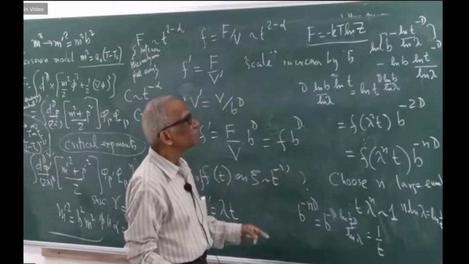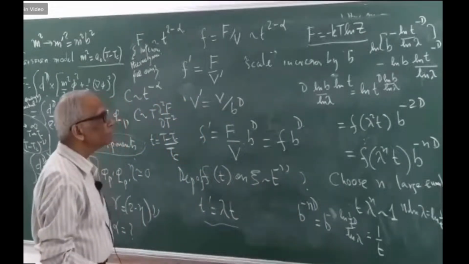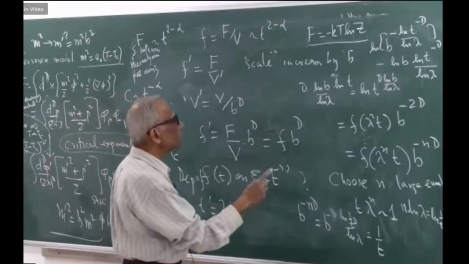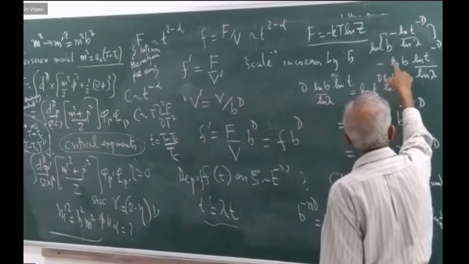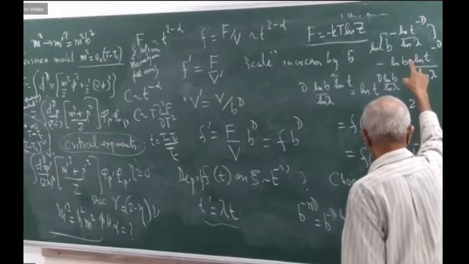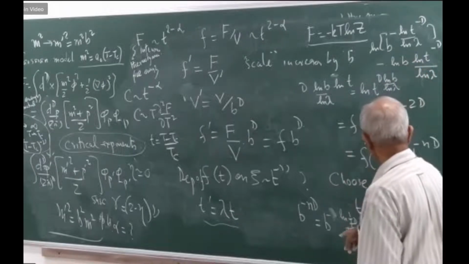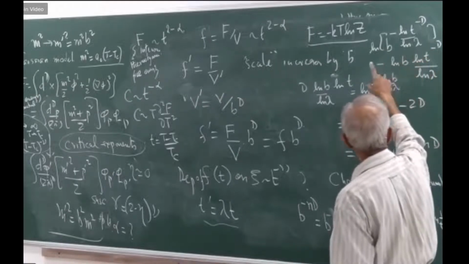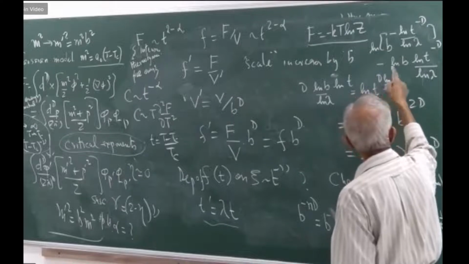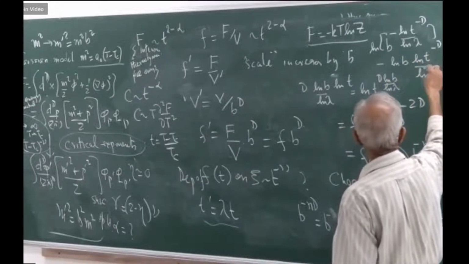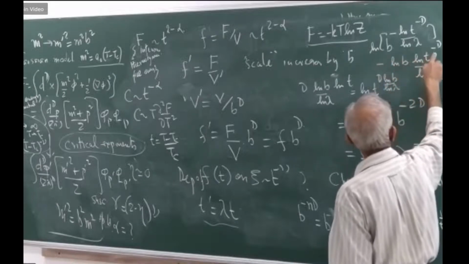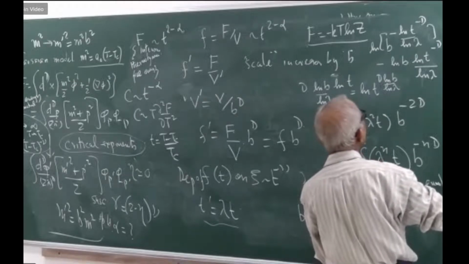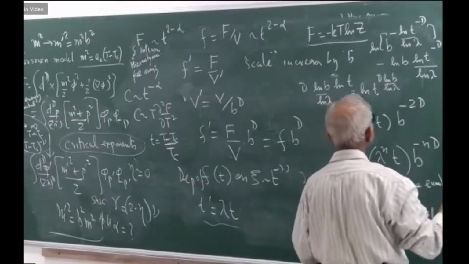So at the end of the day, it is b to the power minus n log this, a log of this quantity over here.